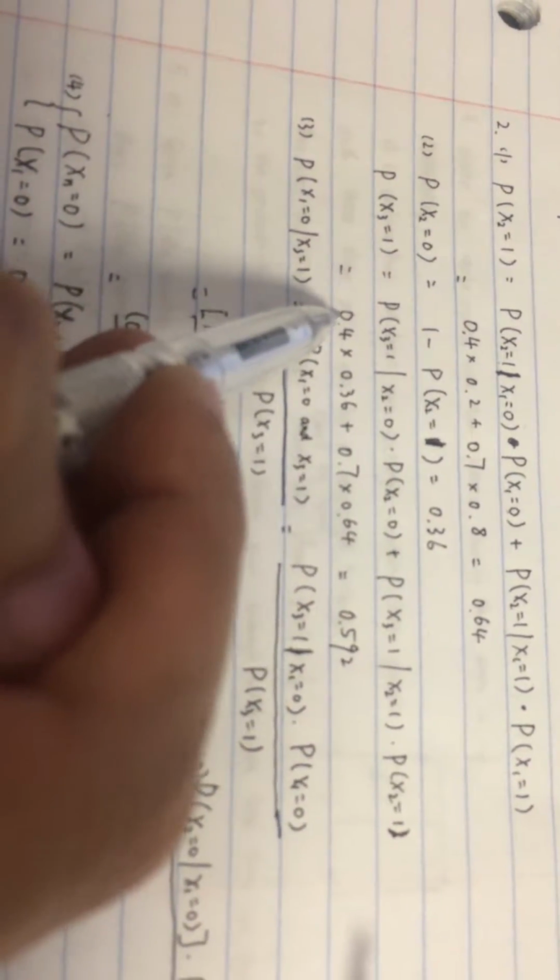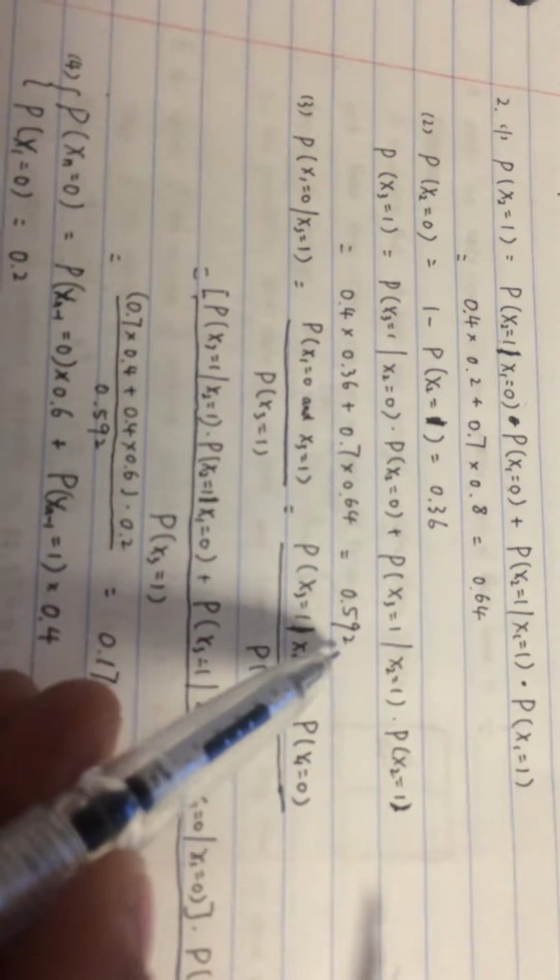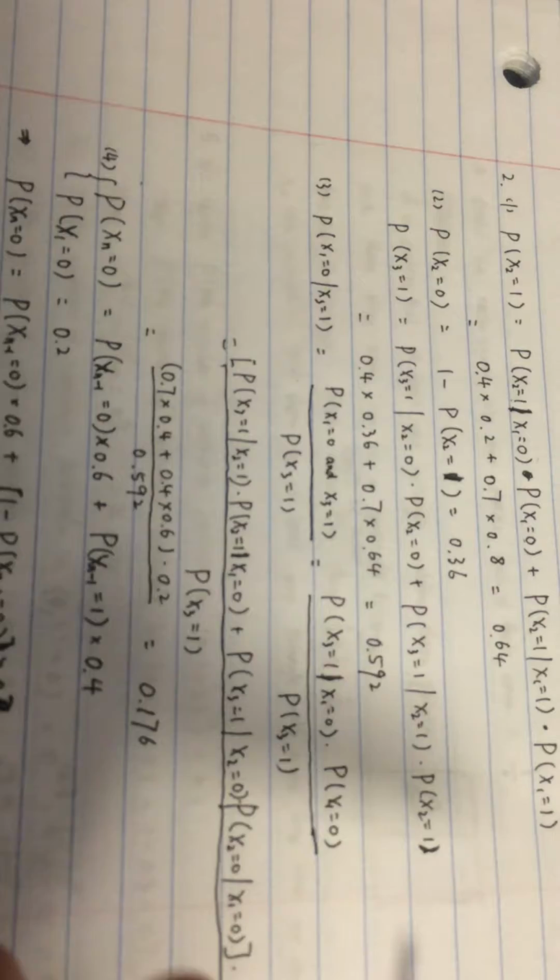So it's 0.4 multiplied by 0.36, plus 0.7 multiplied by 0.64, and that's 0.592, the result of question 2.